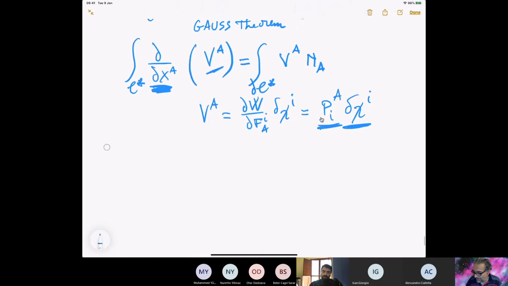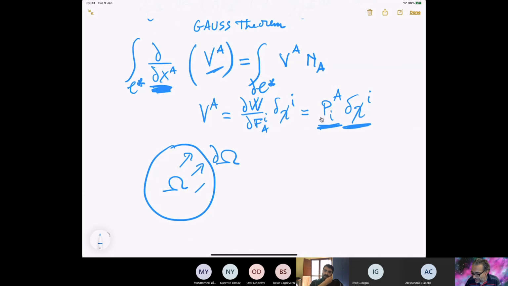Gauss theorem says that if I have a domain omega, and I have the boundary of omega, and I have a vector field defined in omega, when we will try to do some fluid mechanics, we will discuss this stuff.